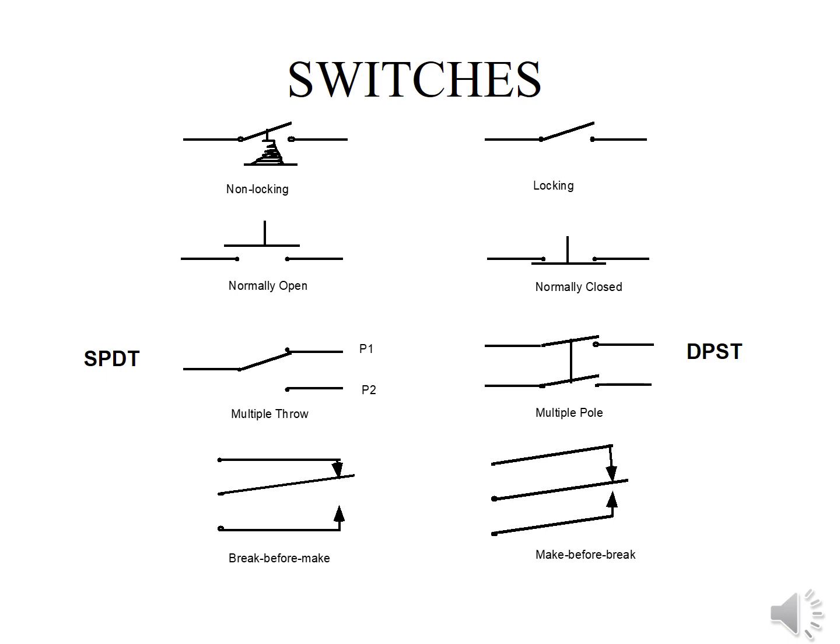These are the various switches which we use in the ladder diagram. We have normally open, normally closed, multi-pole, single throw switch, multi-throw switch. Then we have non-locking, locking switch, SPDT, DPST switch, and these are some of the switches available.